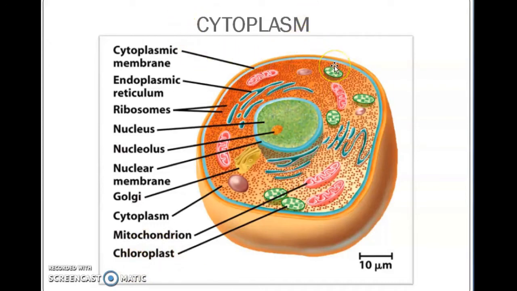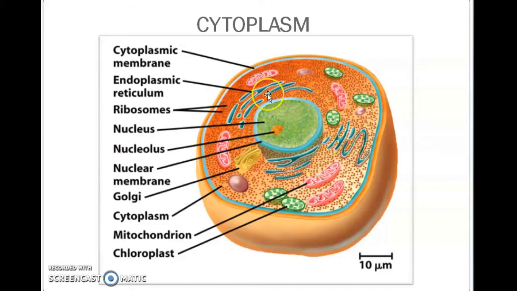So what exactly is this cytoplasm? Cytoplasm is a fluid portion of the cell and it is present between the plasma membrane and the nucleus. In other words, we can say that it lies outside the nucleus and inside the plasma membrane, and it is a jelly-like material which consists of water, inorganic and organic substances.